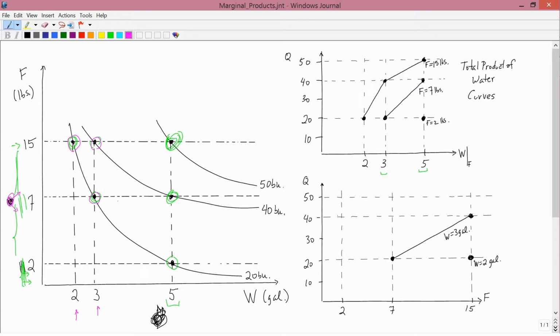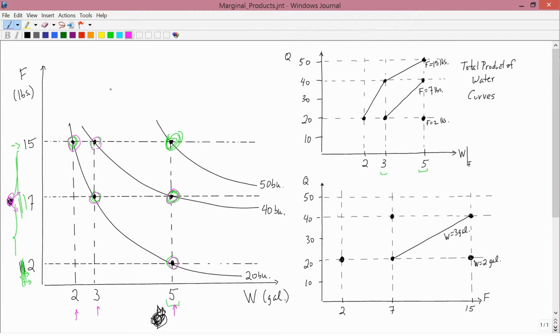Finally, what happens when water is fixed at 5 gallons? Well, then we have 3 observation points. The first observation point, which is this one, is that 2 pounds of fertilizer produce 20 bushels of corn. The next observation point is this one. Oops, I'll make it a different color. This one here, which says that 7 pounds of fertilizer produce 40 bushels of corn.